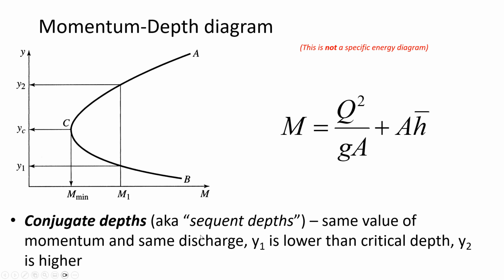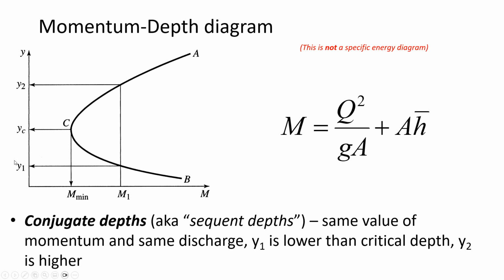So we created a momentum depth diagram using Excel in class on Monday. Some of you watched, some of you followed along and calculated it. The video's there if you didn't actually do the calculations yourself, but conjugate depths, or sometimes they're known as sequent depths, are those depths that have the same amount of momentum.